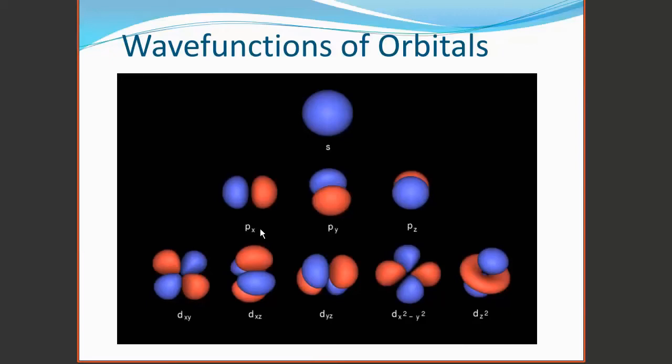Here we see a p orbital in different orientations, and here we see the shape of a d orbital, again with different orientations. The different orbitals have different energy levels. So, for instance, s, p, and d orbitals have different energy levels.